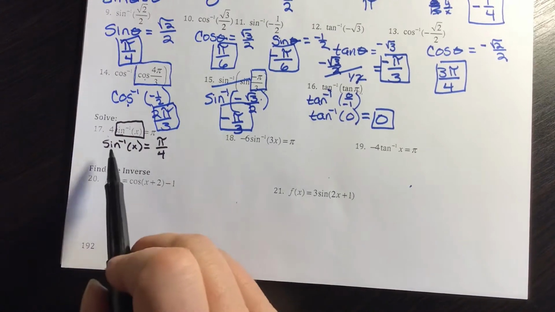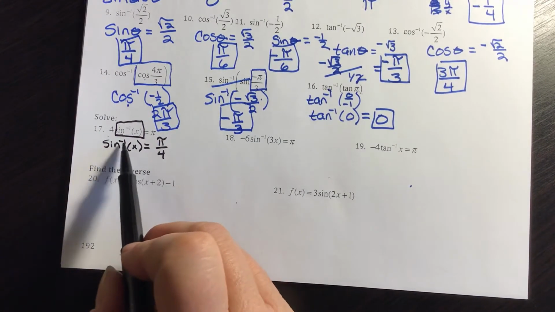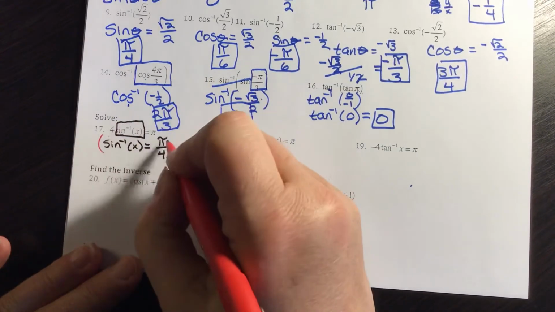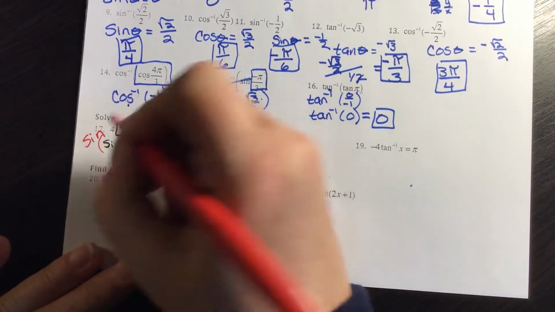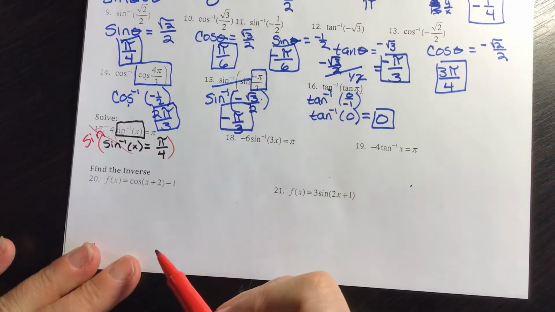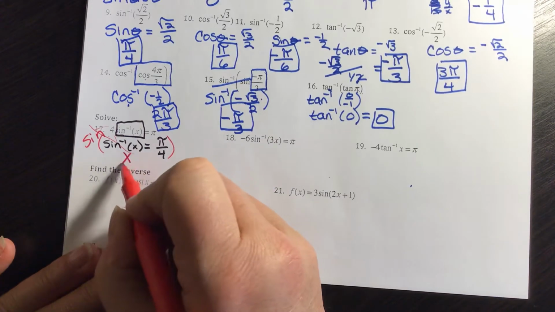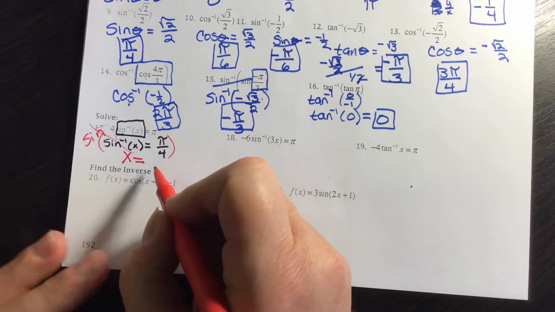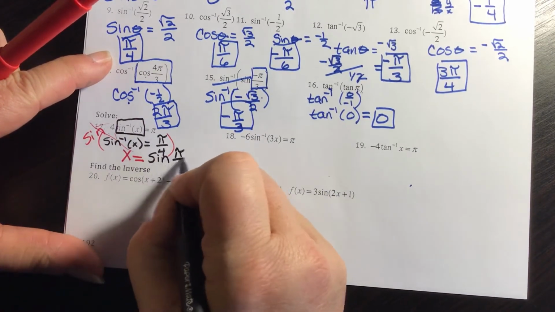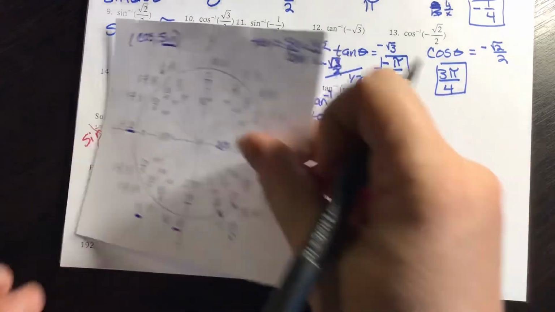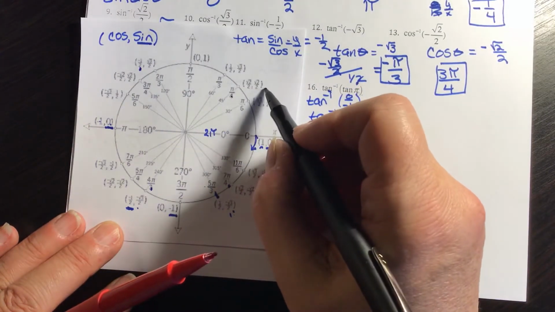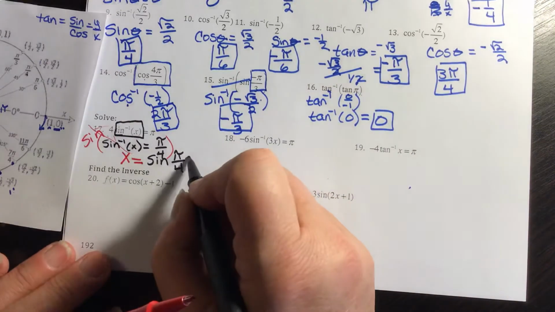So to undo this inverse sine, I'm going to take sine on both sides. So the sine and the inverse sine are going to cancel, and I'm left with x equals sine of pi over 4. And if I look at my unit circle, pi over 4 is here. Sine is square root of 2 over 2.